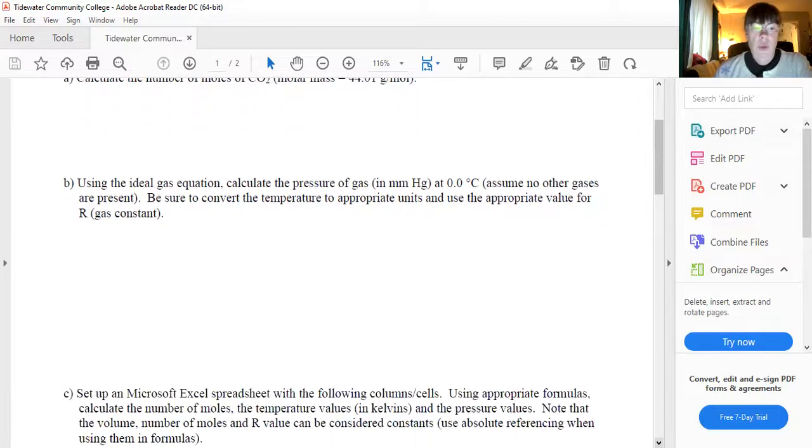Then we move on to the ideal gas equation. Now, the ideal gas equation is PV equals nRT, but we are going to use a different value for the R than tends to get used during first semester. First semester usage of the ideal gas law generally involves 0.0821 because the pressure is in atmospheres. We are going to change that pressure over to millimeters mercury.